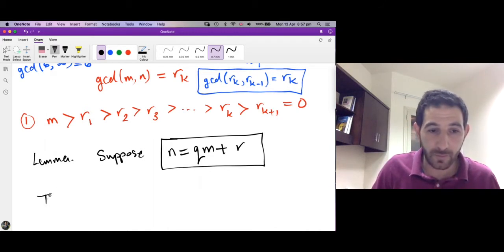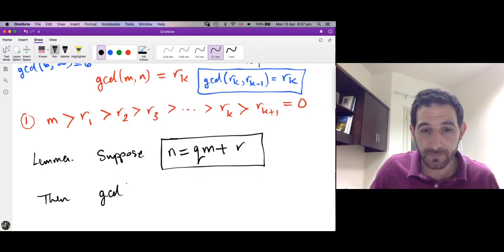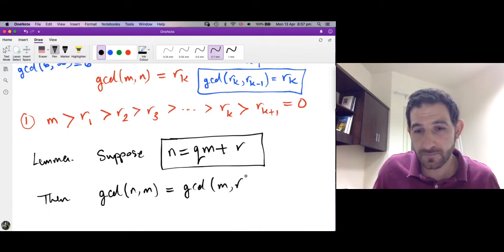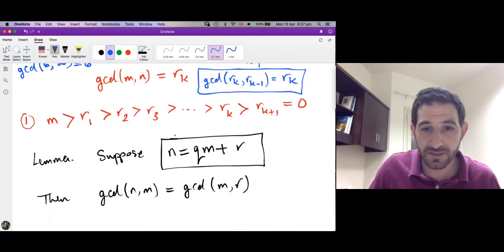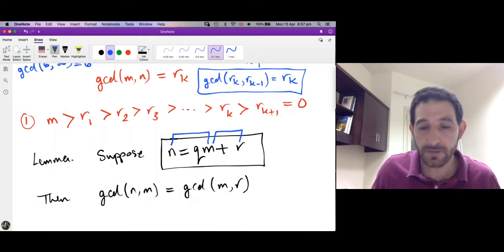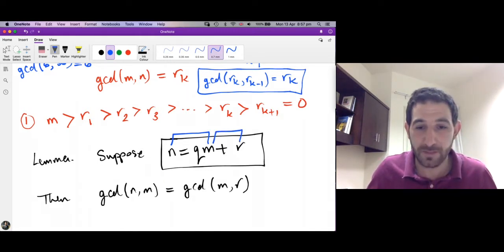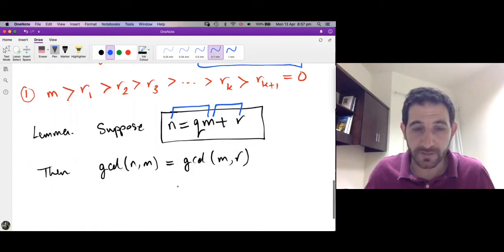Then we will prove that the GCD of n and m is equal to the GCD of m and r. So the GCD of these two is equal to the GCD of these two. Notice m is common.